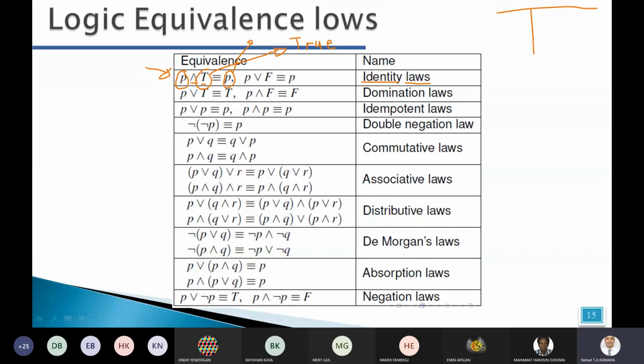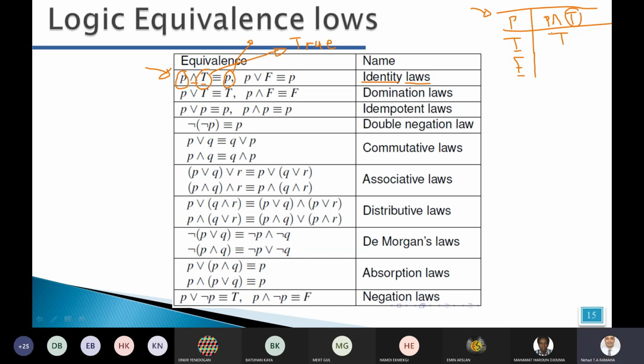Let's check the truth table here. Because I have one proposition, the possibilities are that it could be true or false. Then I will make P and true. P here true, true and true will be true.